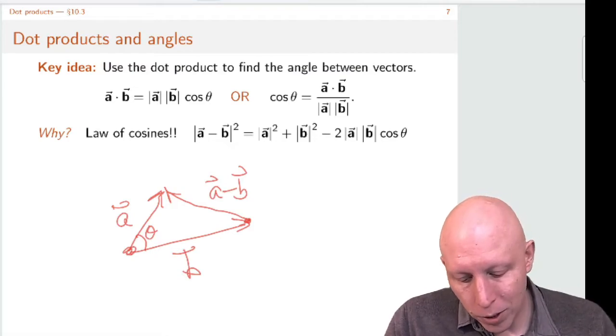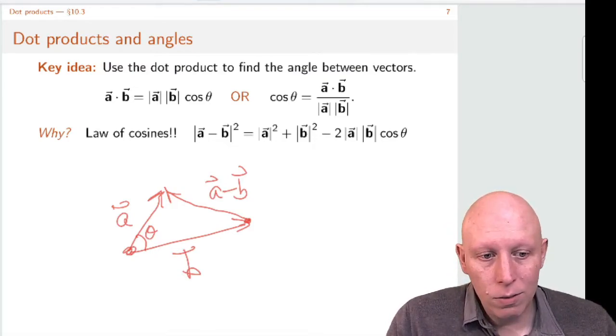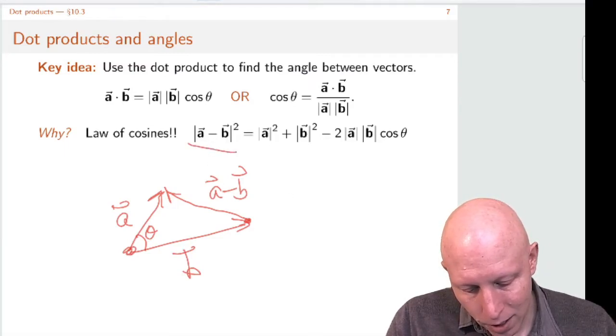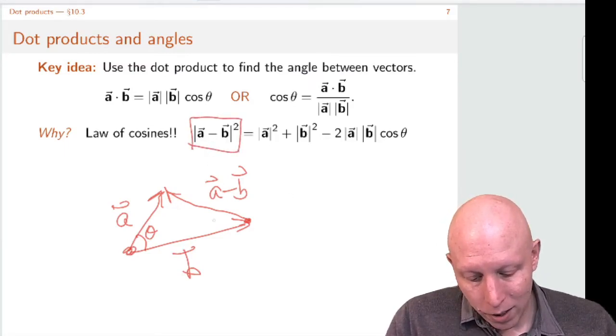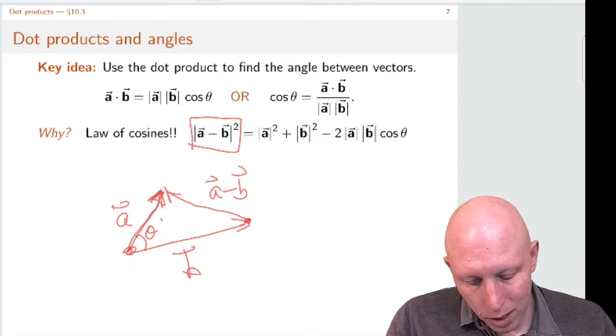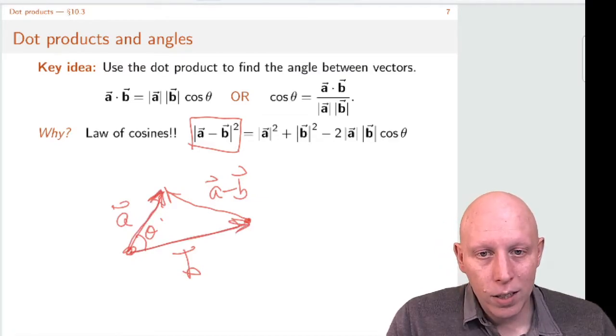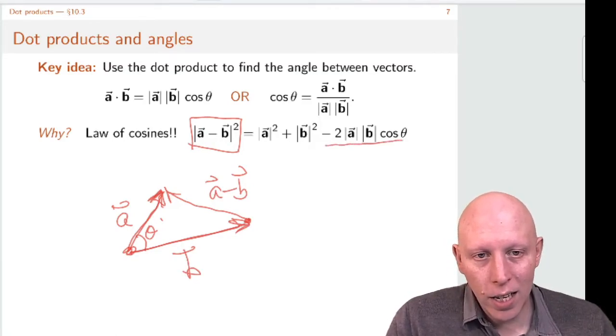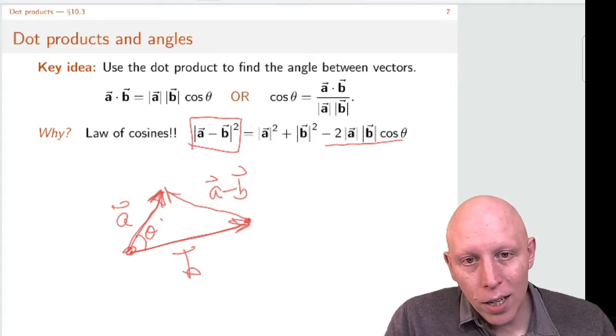Well, when you have a triangle, the law of cosines says that the length of the side opposite theta squared is equal to the length of A squared plus the length of B squared minus 2 times length A, length B, cosine theta. This looks a lot like the Pythagorean theorem.